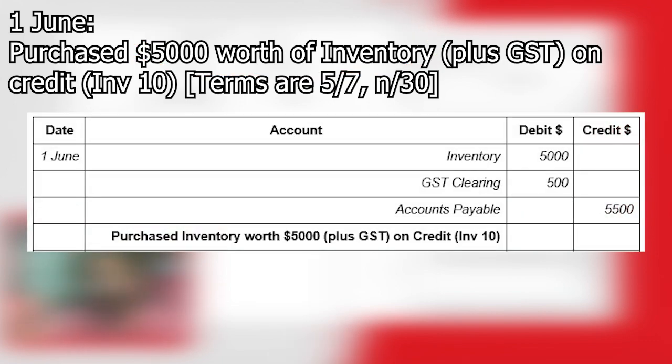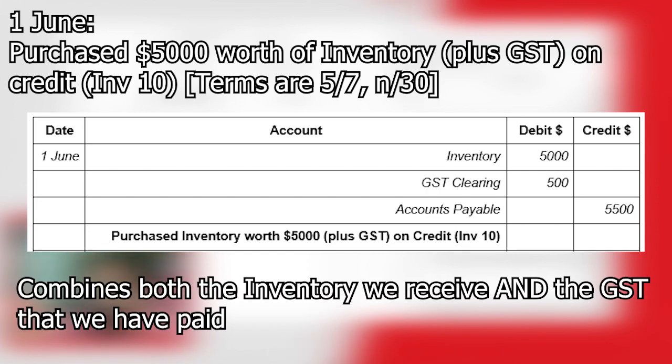That obligation is lower. And then accounts payable, 5,500. That's how much we owe in total to the supplier. And then obviously you've got your narration. We're going to be building upon this transaction.